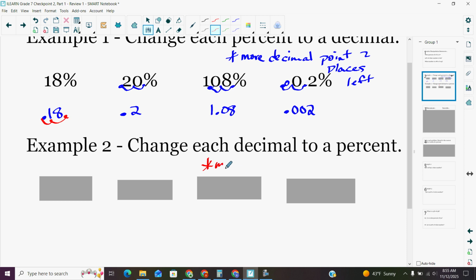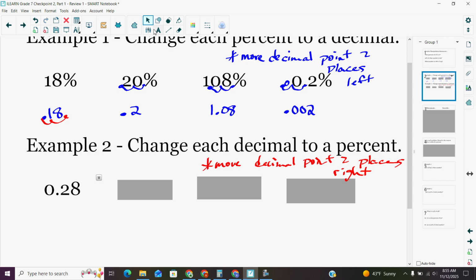We're going to move the decimal point 2 places to the right. So 0.28, 2 places to the right, we get 28%. And so on.